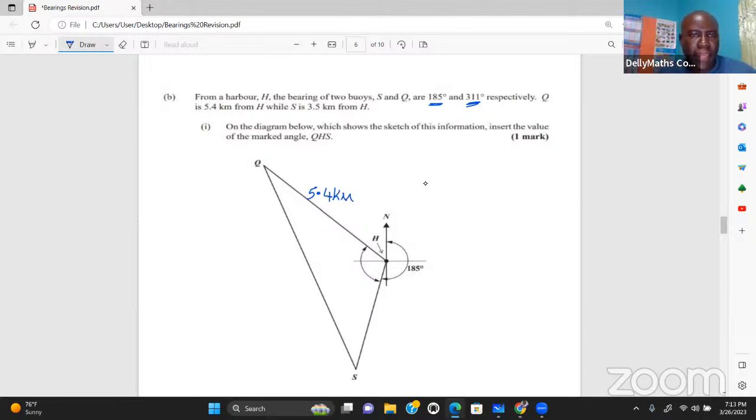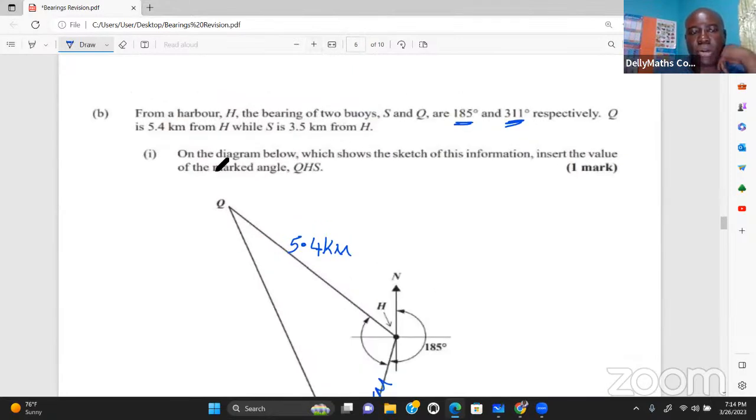And then it says S is 3.5 kilometers from H, so this is 3.5 km. All right. And it seems as if you're setting up yourself to use cosine rule again. You notice the idea keeps repeating. So let's see what they're asking in reality now.